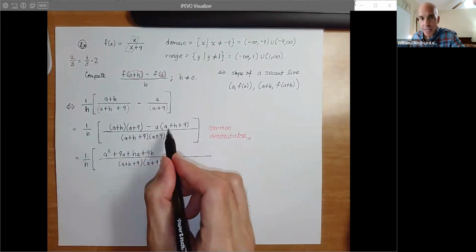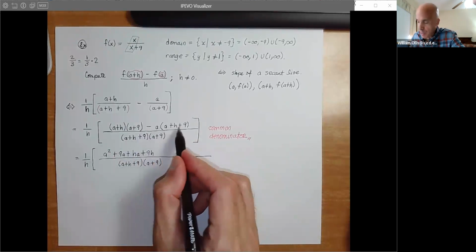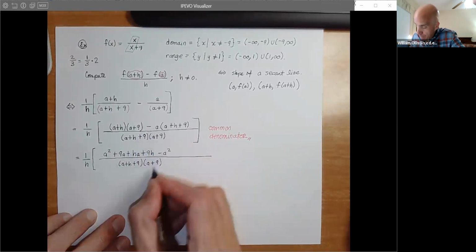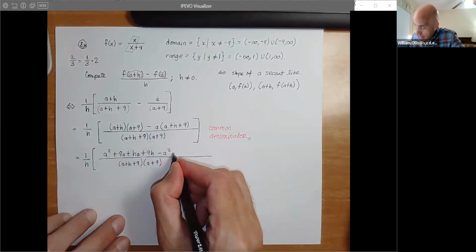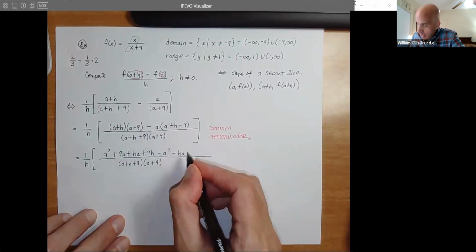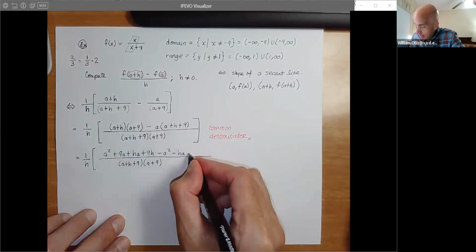Now over here we do the same thing. We multiply everything in the parentheses by negative a. So we have minus a squared, minus a times h, or we can just write the h first like we did to the left. And then we have minus 9a.